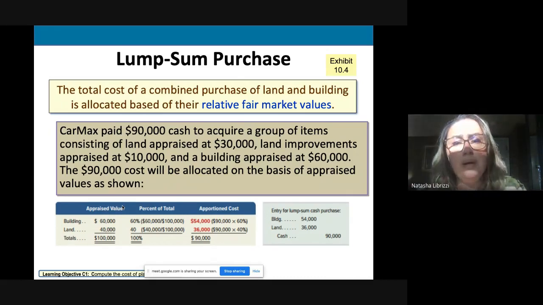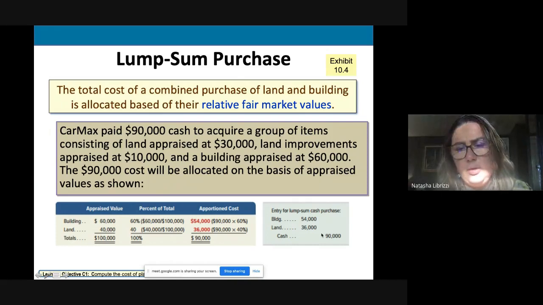So how would you be allocating this? If you look at my cursor right here, we have to put 90 cash. We cannot put 100,000. So what we're going to do, we're going to look at 100,000 as 100%, and we're going to extrapolate that, and split that cost among the other items.